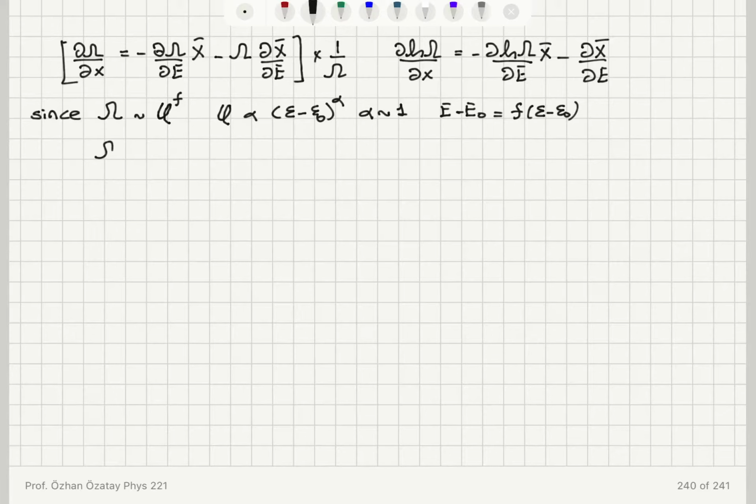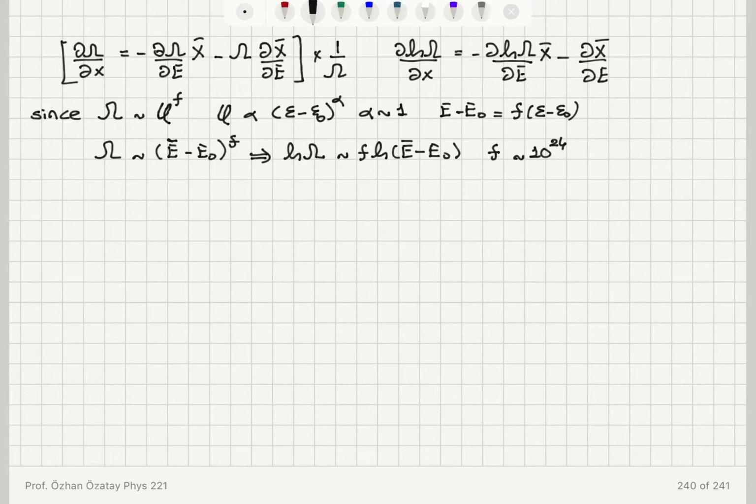So we find that omega is proportional to, at the equilibrium, E bar minus E0 to the power f, where f is the number of degrees of freedom, and therefore the natural logarithm of omega is proportional to f times the natural logarithm of the mean energy of the system minus the ground state energy. And this f is of the order 10 to 24, 6.02 times 10 to 23, Avogadro's number.